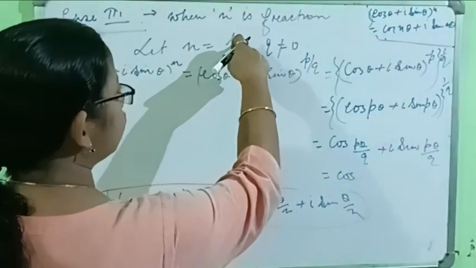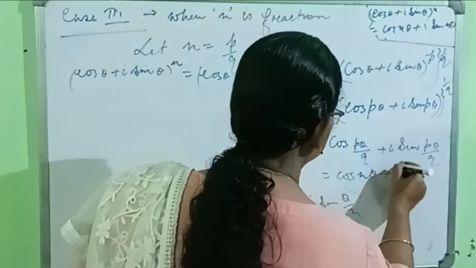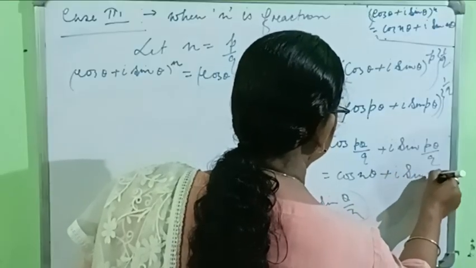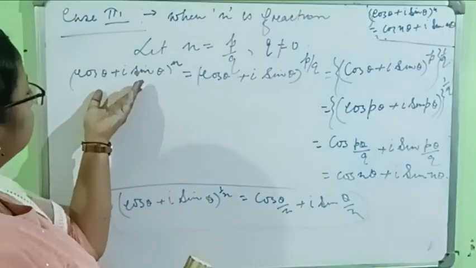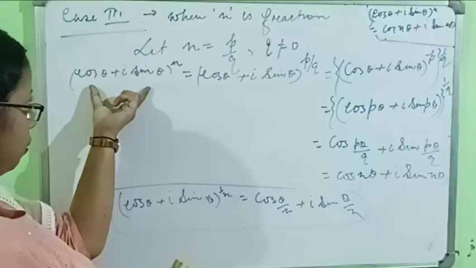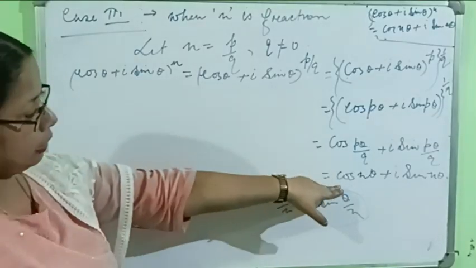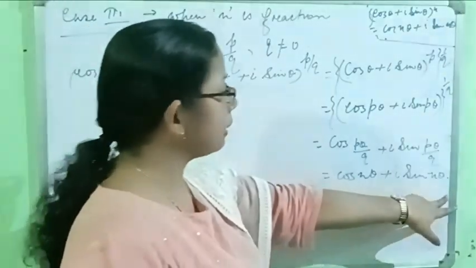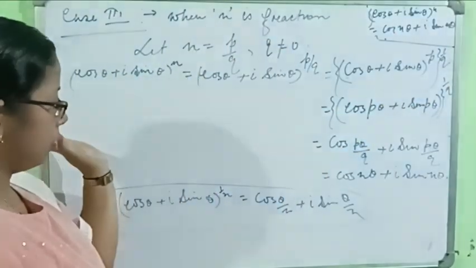And in place of p by q, I am writing n. Hence the result: I have considered (cos theta + i sin theta)^n, and I am getting cos n theta plus i sin n theta when n is a fraction.